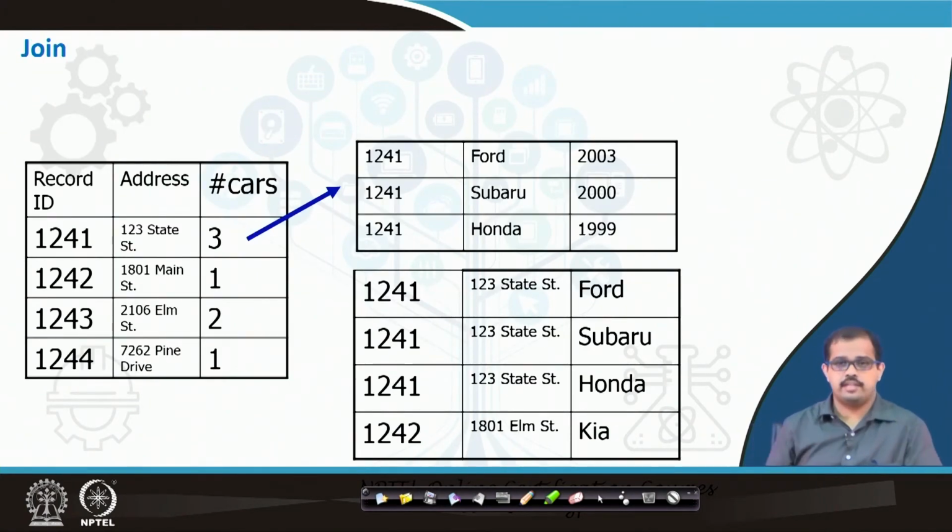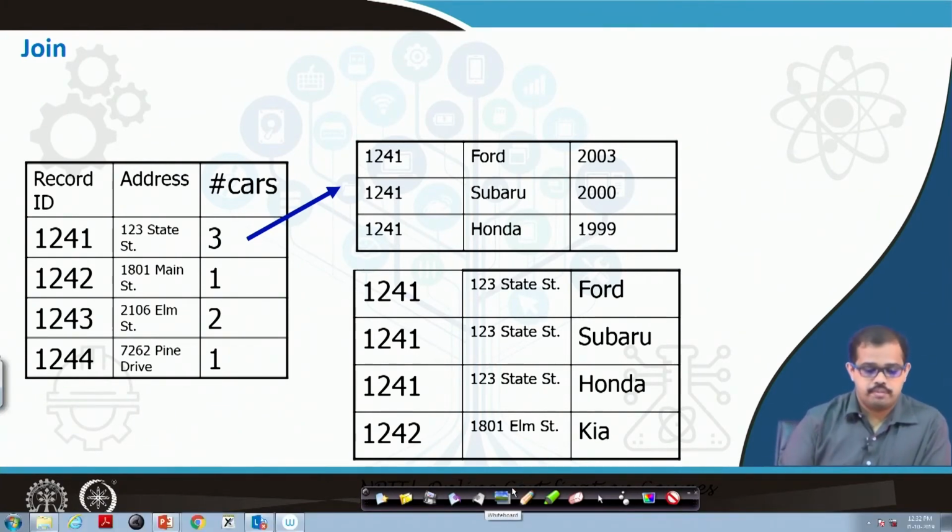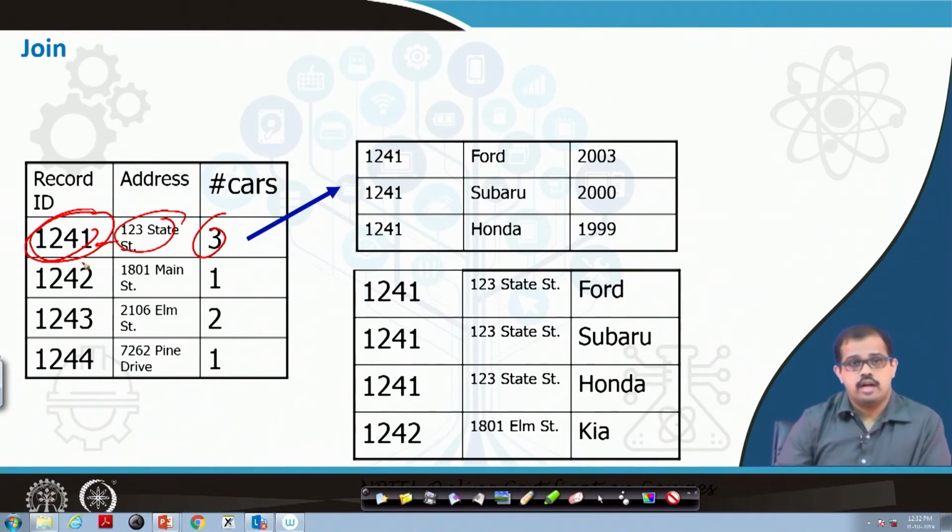Let me give, again, an example here. Now, I have different addresses of different people. For example, I have a record number here, 1241. Then I have an address corresponding to this record number, and there are different cars. For example, a person with record 1241 has 3 cars. A person with record 1242 has 1 car.